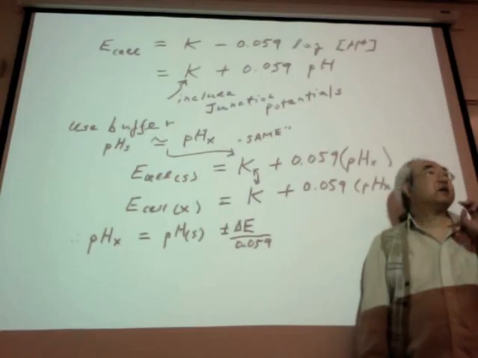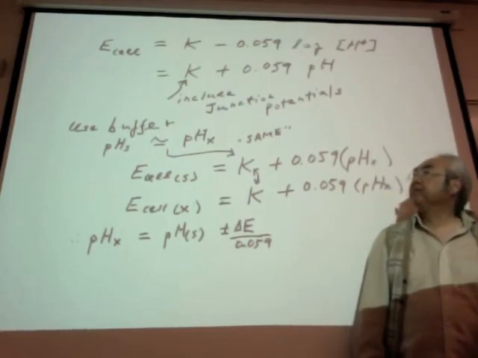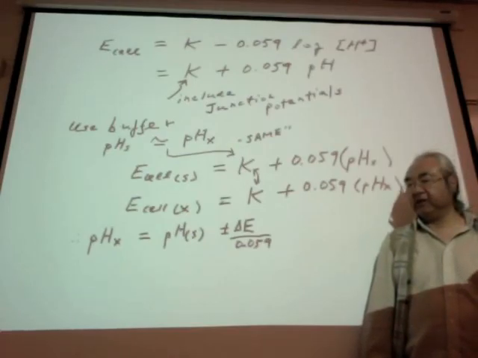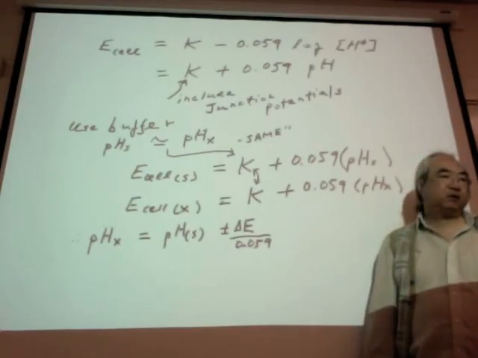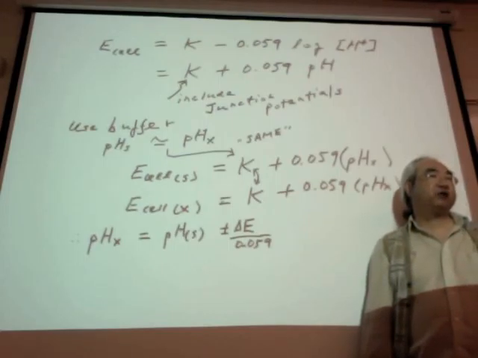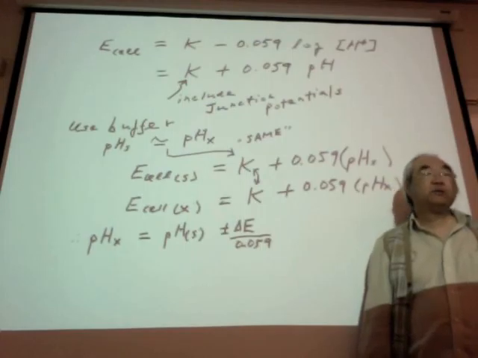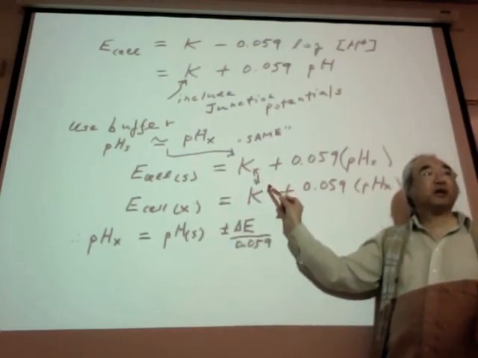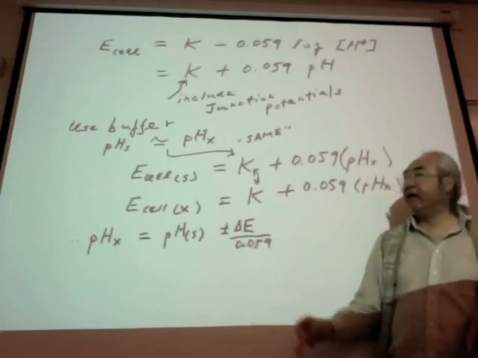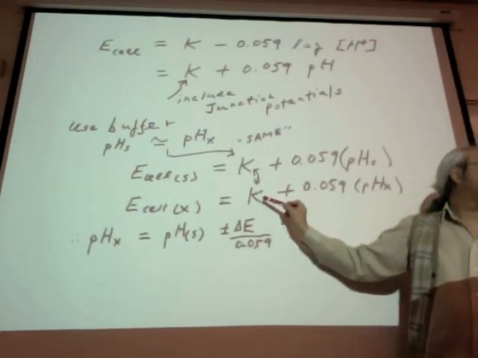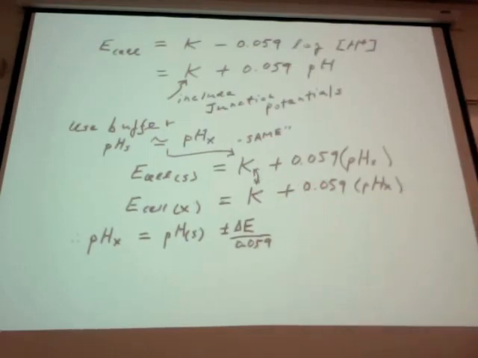Recall our exercise in the lab: if you use a pH 4 to calibrate your instrument and read pH 10 as your sample, then you read pH 10 to be 9 point something because of miscalibration for the junction potential, the K. So whenever you use a buffer solution, you standardize for the K, the junction potential. Any question on that?